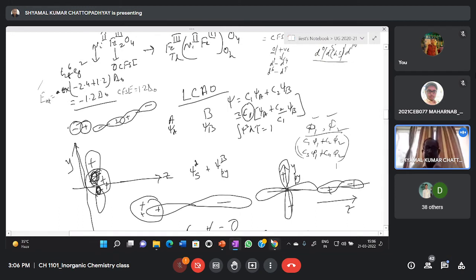So, in order to apply the molecular orbital theory for the complex, and to get good molecular orbitals, there are certain conditions. What are the conditions? First of all, the atomic orbitals which are being mixed must be of proper energy, right? They must have comparable energy. Say you cannot get overlap of a 2p orbital with a 6d or 5d orbital.